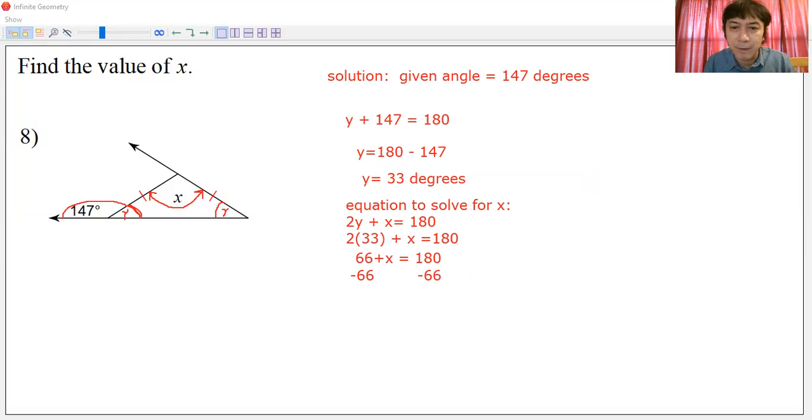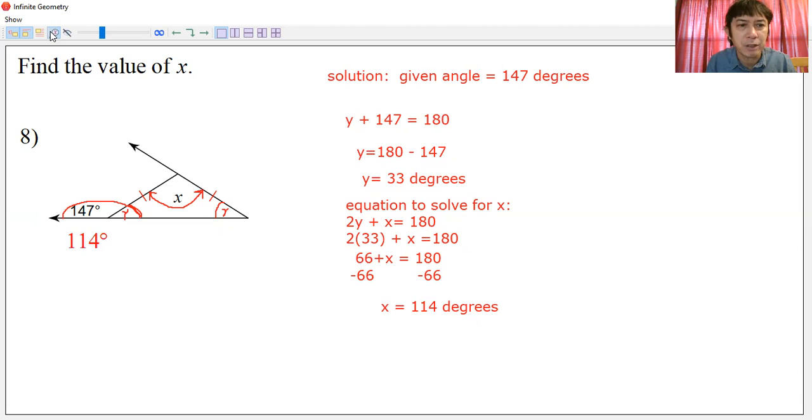And so we have here x, that will be 180 minus 66. And so that should be about 114. So this will be 114 degrees there. And so that should be the measure of the apex angle.